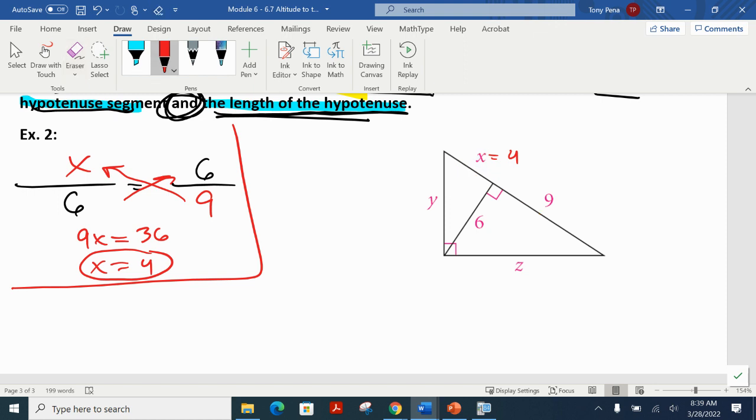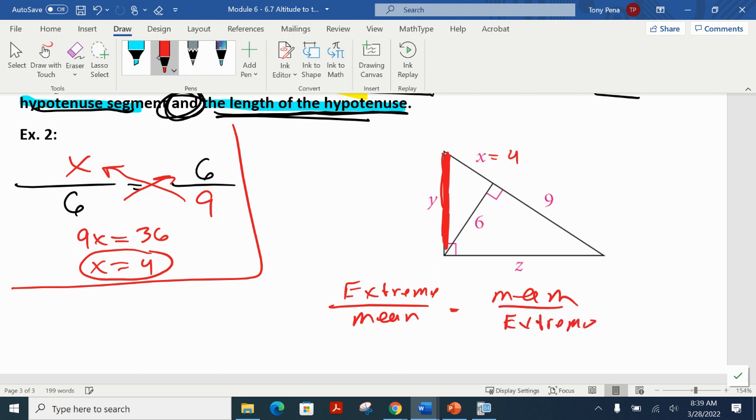All right, so if I wanted y, this is the leg of our right triangle. So let's write this again. The key with all these is understanding that one of these lengths is always the mean. And the other rule is this leg right here is your mean. So that is now a y. So you're going to put a y here and here.